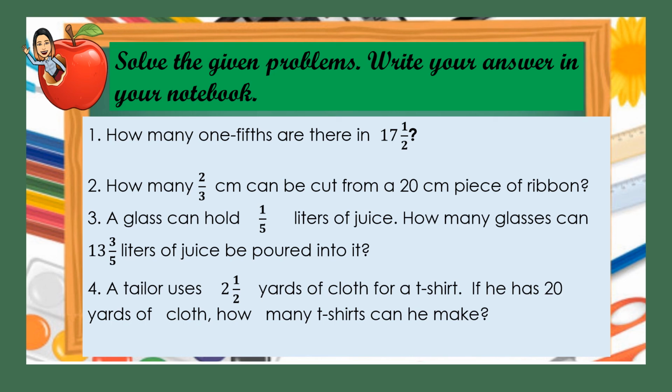A glass can hold 1/5 liters of juice. How many glasses can 13 and 3/5 liters of juice be poured into? Number 4. A tailor uses 2 and 1/2 yards of cloth for a t-shirt. If he has 20 yards of cloth, how many t-shirts can he make? I will give you 15 minutes to solve this problem.